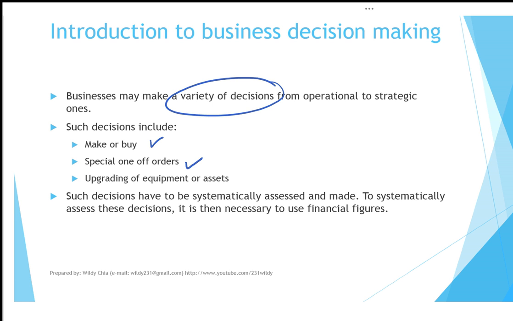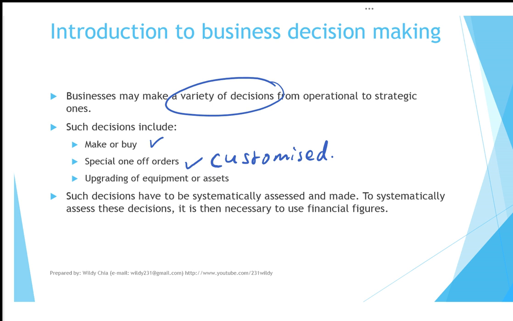Now what do I mean by special one-off orders? Certain customers may require their goods to be somewhat customized. So customized production comes by from time to time, for all kinds of reasons.